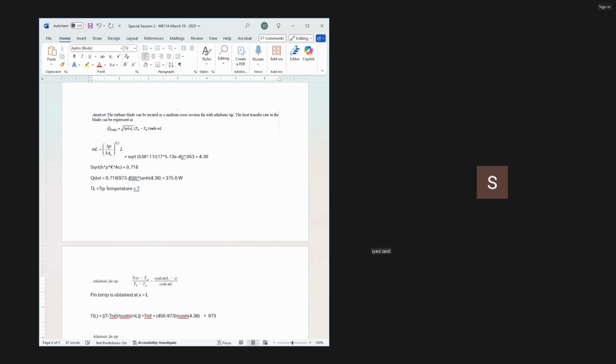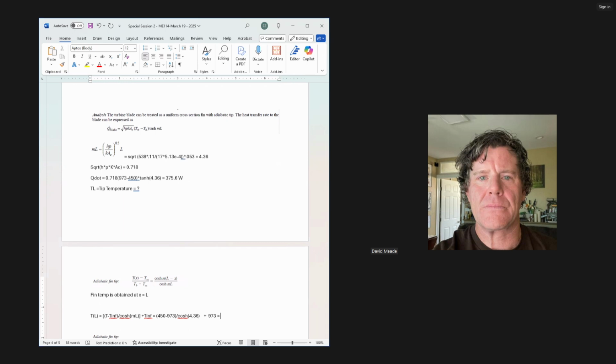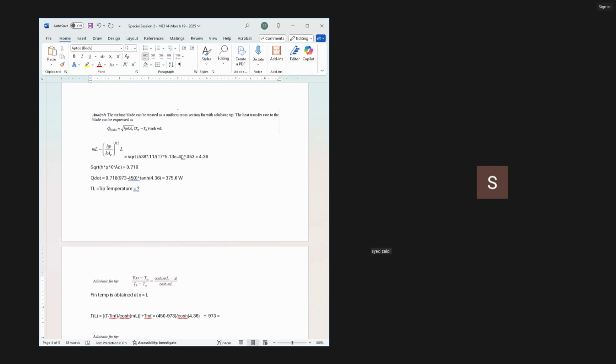So tell me, what is the answer? I got 24.756. That looks huge. The tip temperature can't be that huge. This is the base temperature, TB.